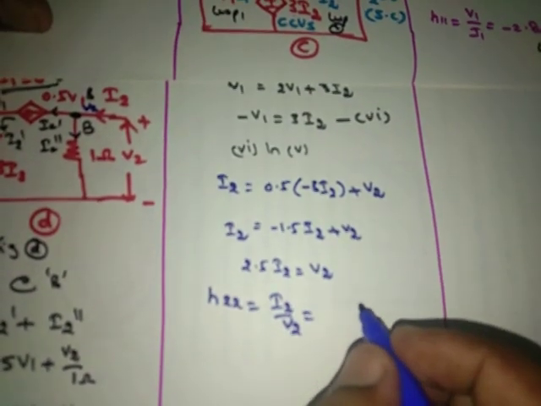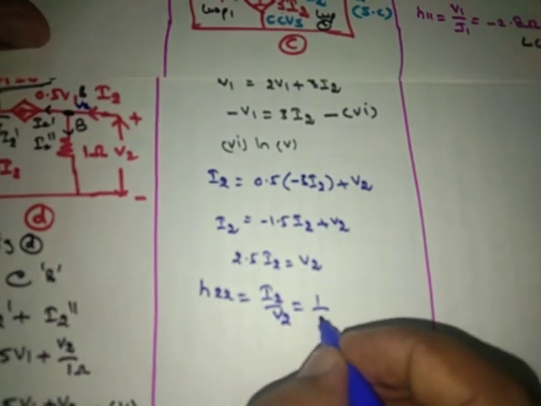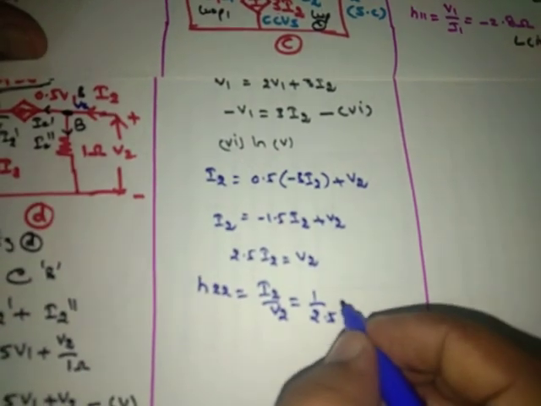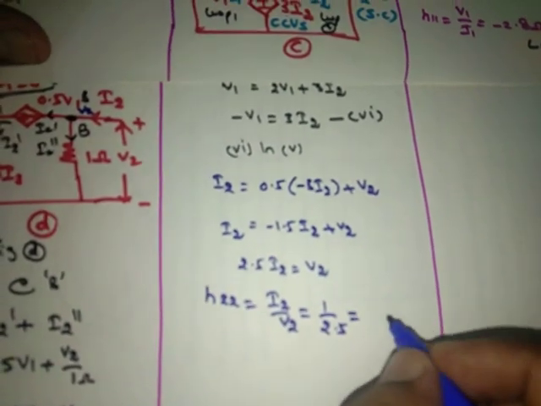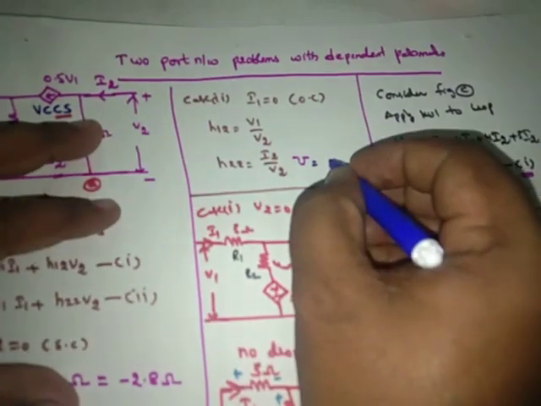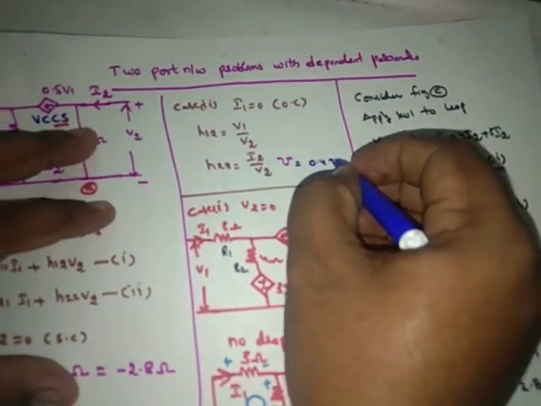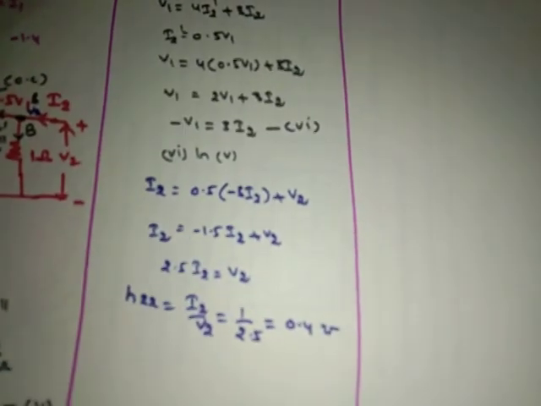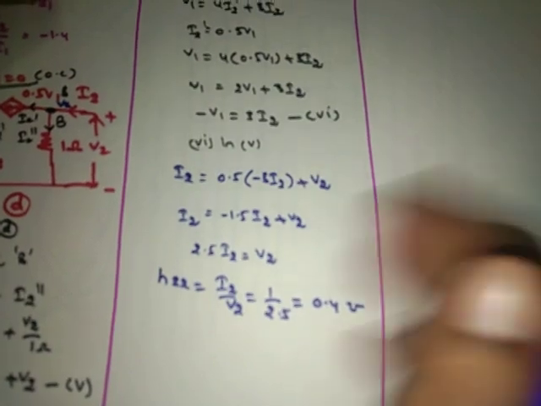I2 by V2 is equal to 1 by 2.5, that is equal to 0.4, and the units are mhos. So this value is equal to 0.4 mhos.